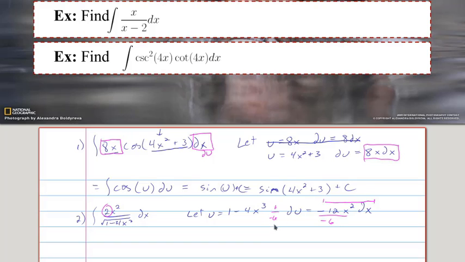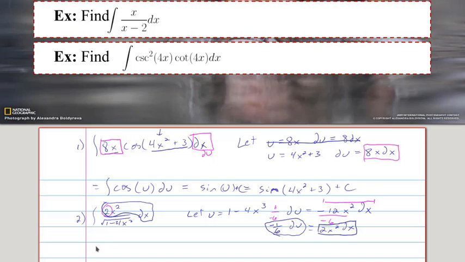So that I substitute 2x squared dx with negative 1/6 du. Again, the reason I did that is this 2x squared dx is what I have, and I can substitute all that now with my negative 1/6 du.